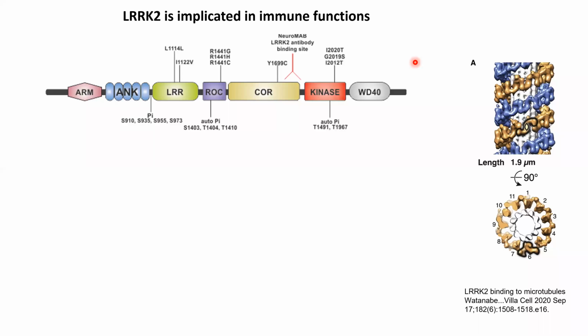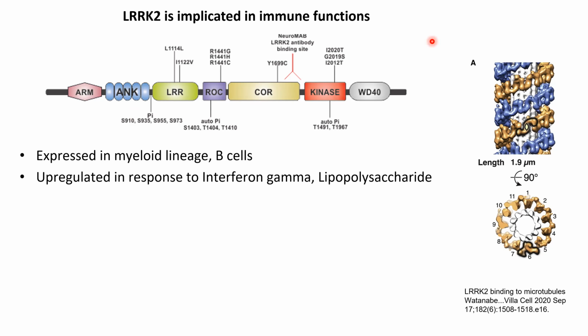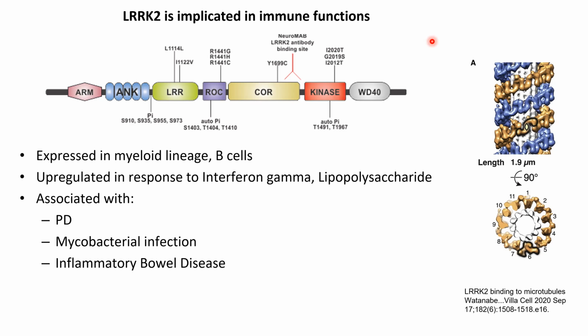It's a large and complicated protein with many domains, a kinase domain and a RAS-like GTPase domain, and various protein-protein interaction domains. It's expressed in many immune cells, upregulated with gamma interferon, and it's associated not only with Parkinson's disease, but also with mycobacterial infection and inflammatory disease of the bowel.